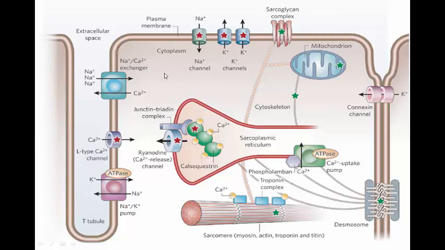And what keeps this low intracellular concentration of sodium is the sodium-potassium pump. So if this pump is inhibited, the concentration of sodium increases in the intracellular fluid in the cytoplasm, and the exchanger works in a reversed way.